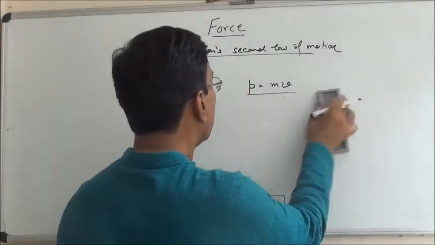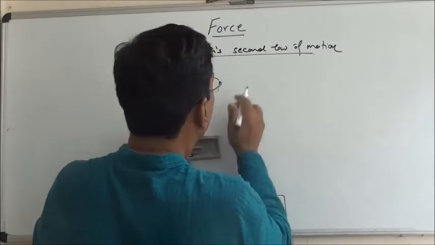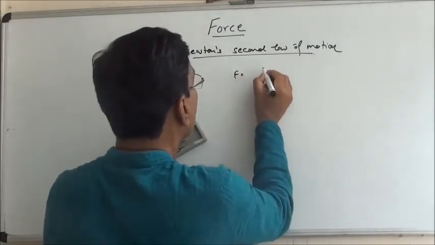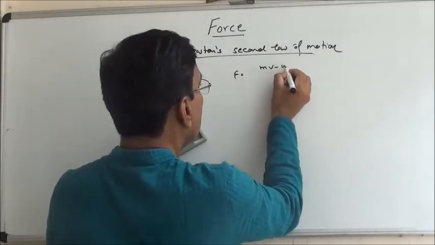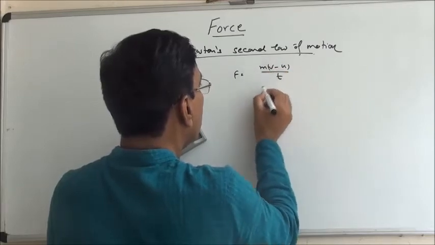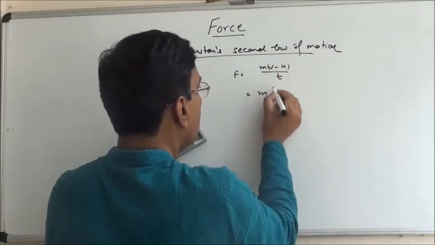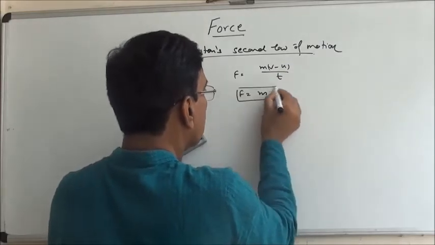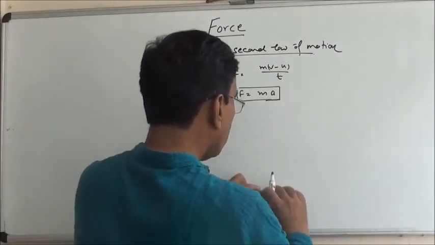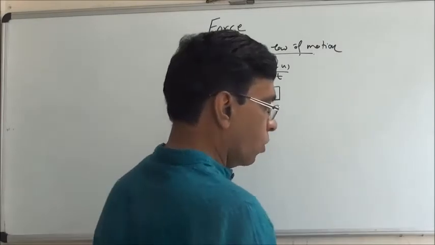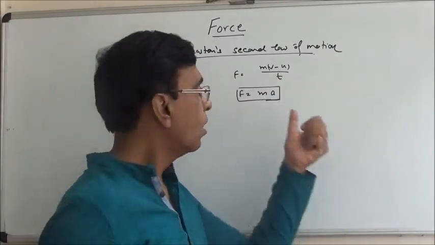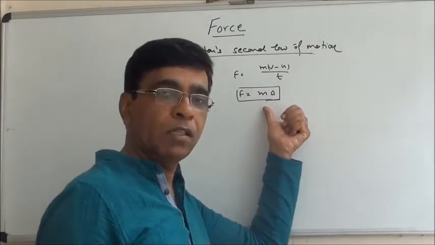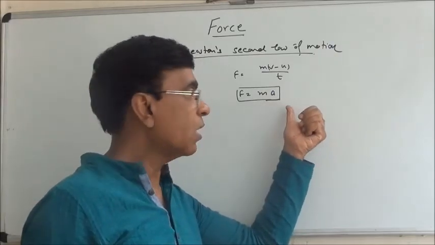It can also be written in a different form. F is equal to M (V minus U) by T. What is it? M into the rate of change of velocity. F is equal to ma. So net force is equal to mass times acceleration.